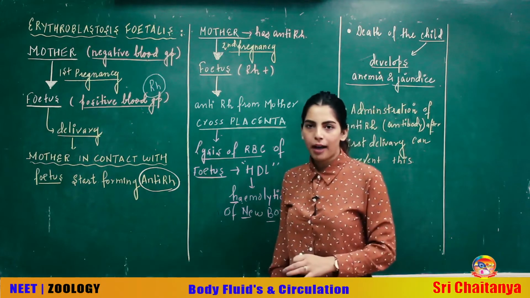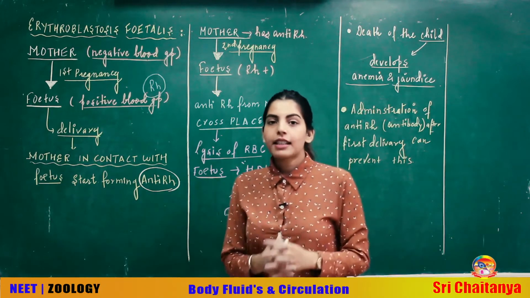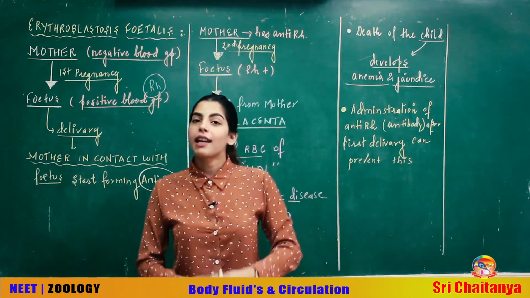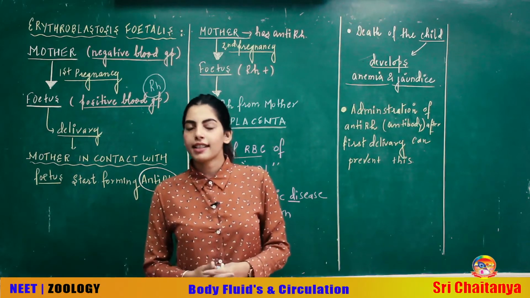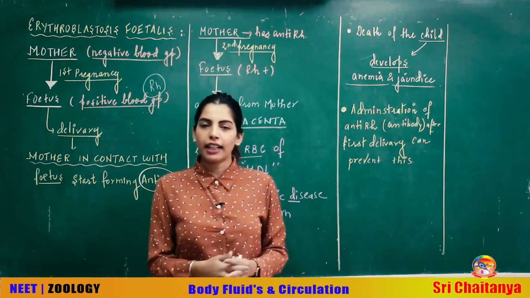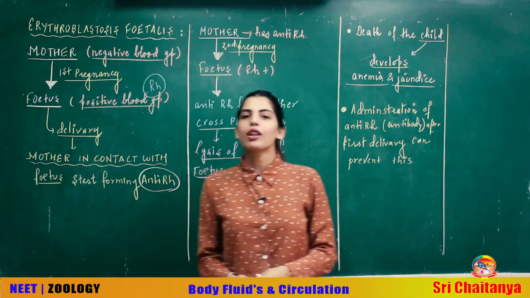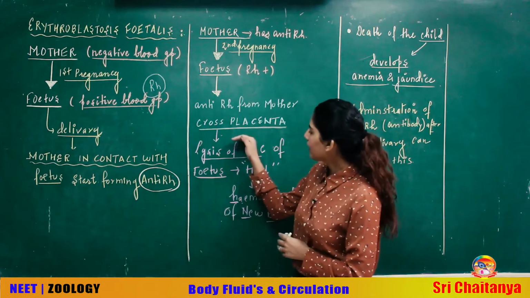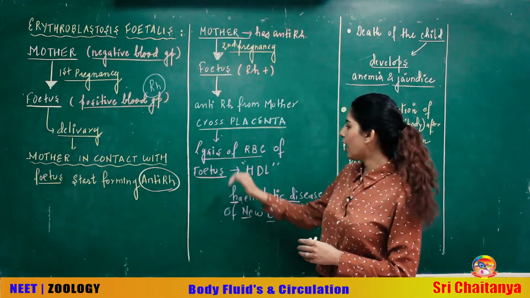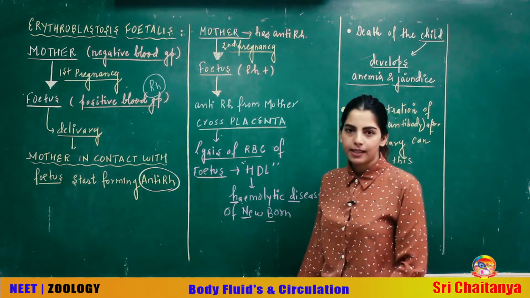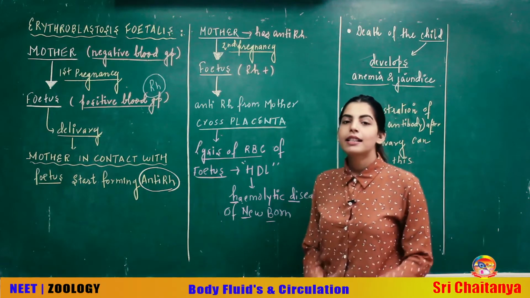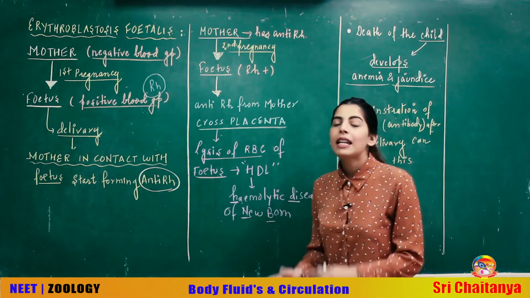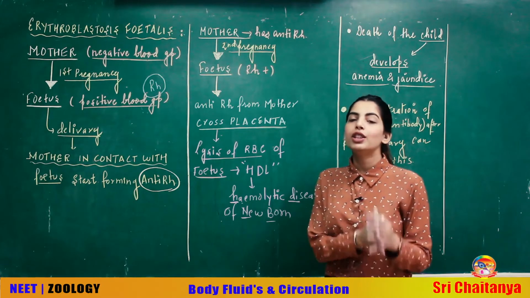Now what is going to happen? In this case, the mother, who has developed anti-Rh antibodies, these are going to cross the placenta, and that is going to cause the lysis of the RBCs of the fetus, which is why this disorder is called hemolytic disease of the newborn.